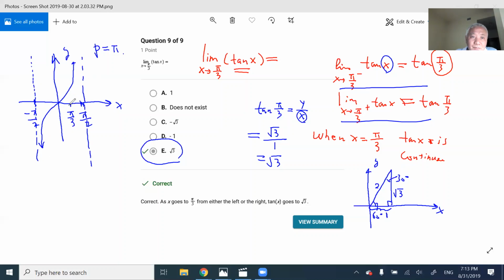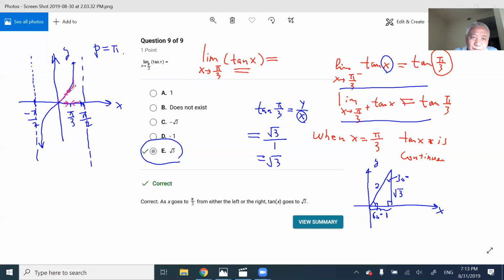So what does that mean? It means no matter, let me use a different color here, no matter whether you approach from the left side of pi over 3 or from the right side of pi over 3, the graph will go this way, approaching this point, and this way, approaching this point.